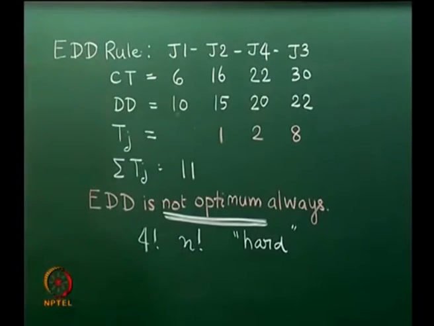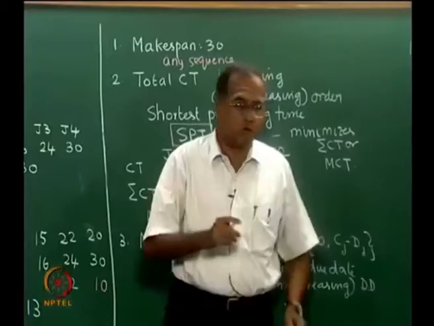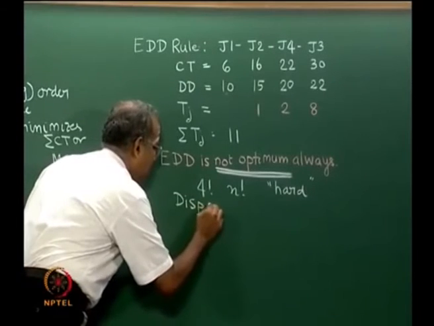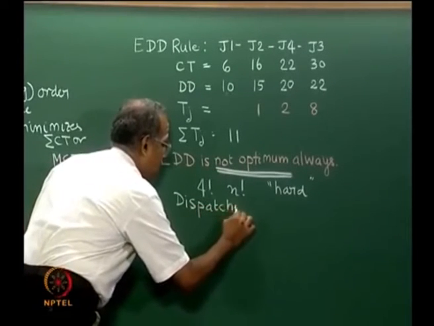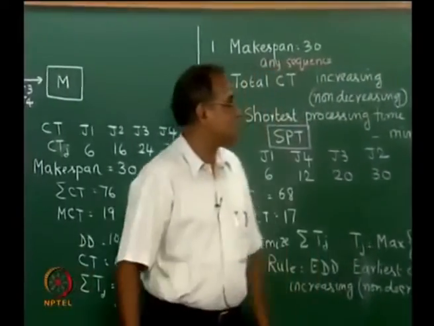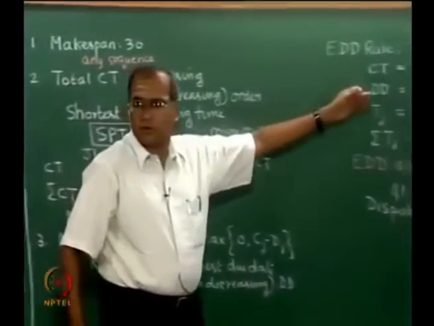Therefore, in this class of problems, it is customary to look at thumb rules, or what are called dispatching rules, to try and get the best solution.